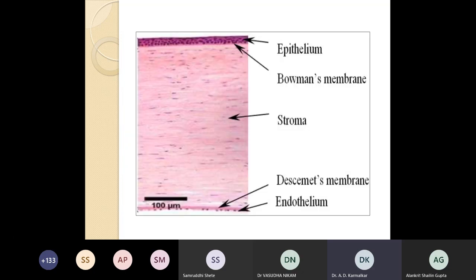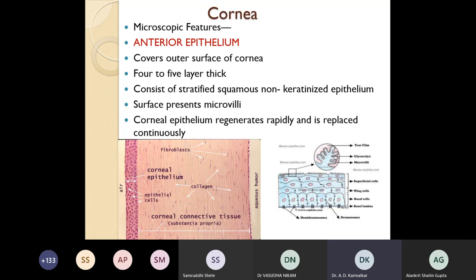This is the picture you see under the microscope, that is the epithelium. These 5 layers I have shown in this diagram, which is seen under the microscope. If you see the stroma, the maximum part of the cornea is covered by the stroma. The anterior epithelium, which covers the outer surface of the cornea, is made up of stratified squamous non-keratinized epithelium.